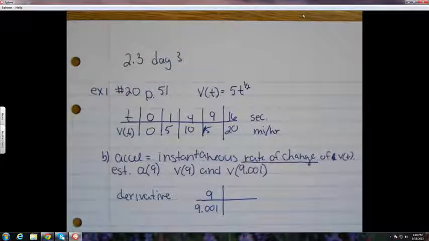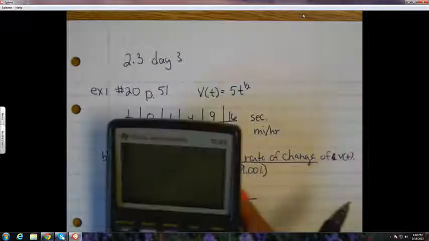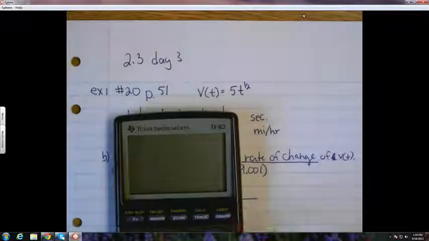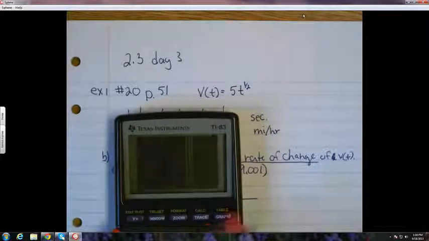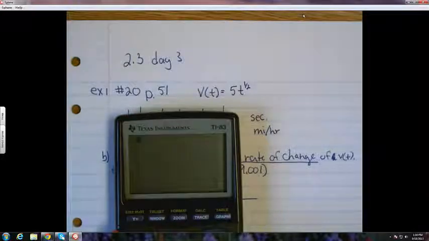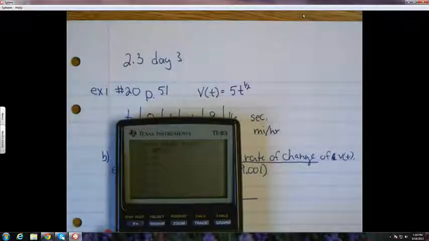Oh, I forgot to grab a calculator again. I'll use this one. Okay. Y equals 5x raised to the 0.5, same thing as 1/2.